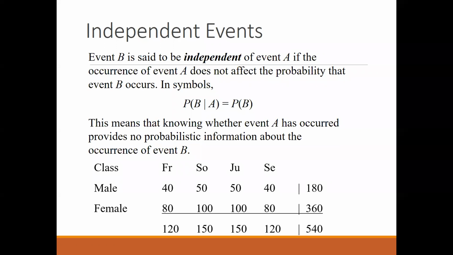Looking at this table, if I tell you these 2 events are totally independent, and we have to solve the problem, what is the probability, let us say B is male and A is JU. So P(male given JU).